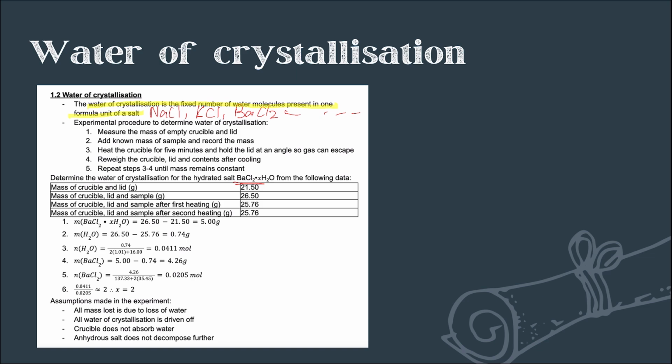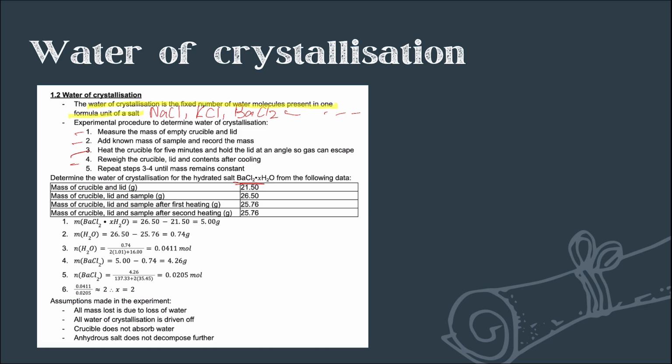Anyways, the experimental procedure to determine water of crystallization. First, we measure the mass of the empty crucible and the lid. Next, add the mass of the known sample into the crucible, and record the mass with the lid. Then heat the crucible for 5 minutes and hold the lid at an angle to allow gas to escape.